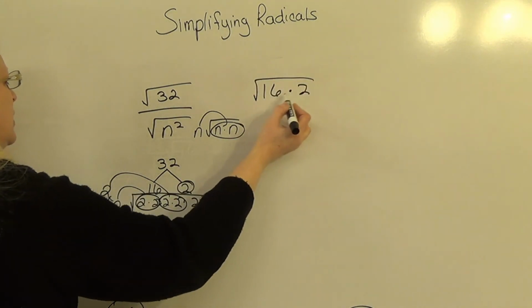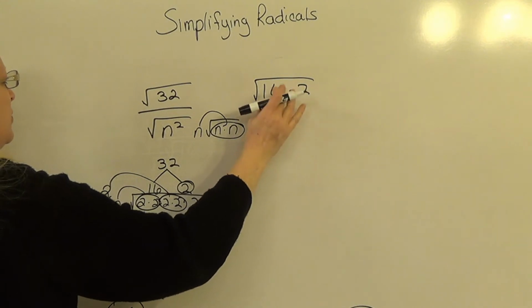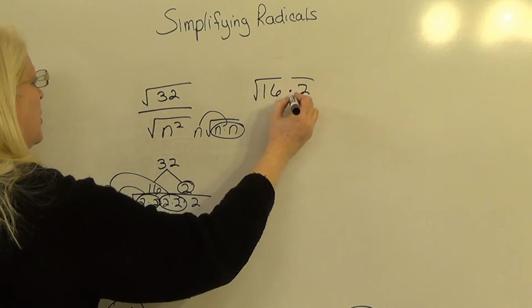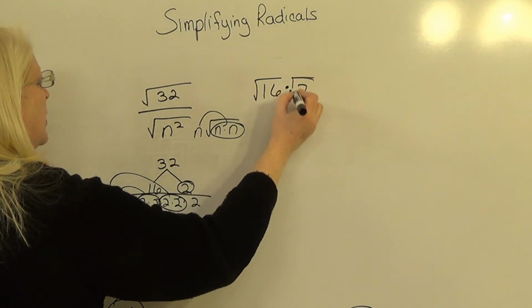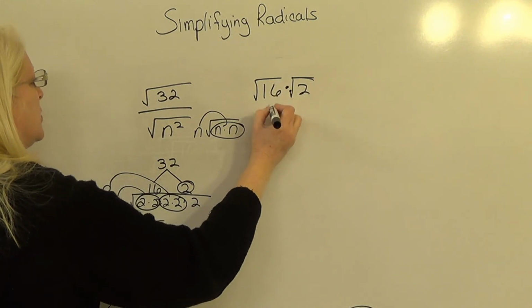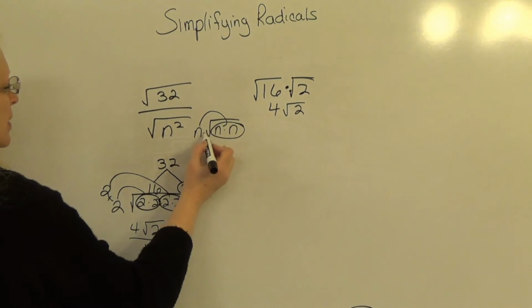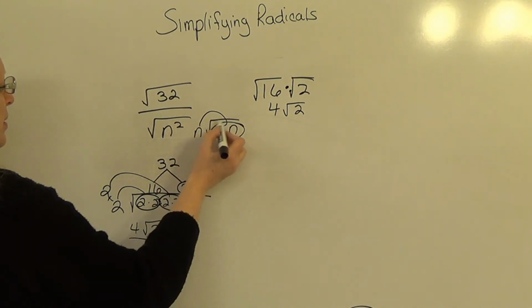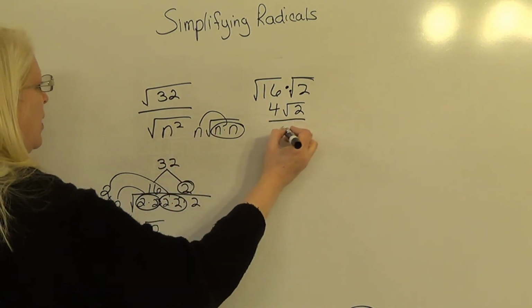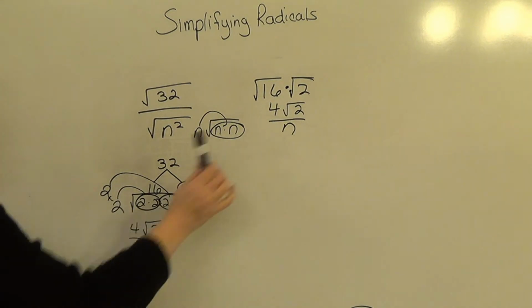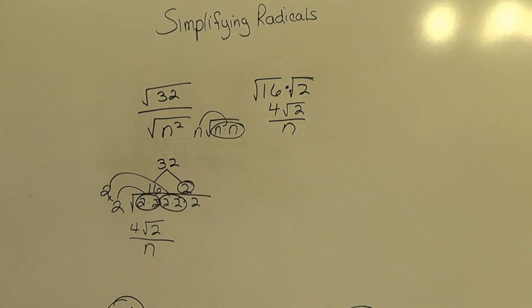So if you think about this, then 16 is a perfect square, so you can break them apart and think about them like that. So this would be 4 times the square root of 2, and then we said that n times n, there's 2 of them, so 1 comes out. And we still get the same answer. It's just a different method, so you should pick whichever one you like.